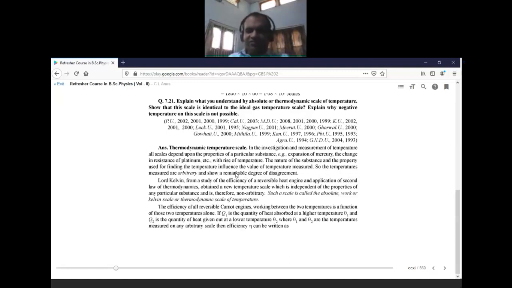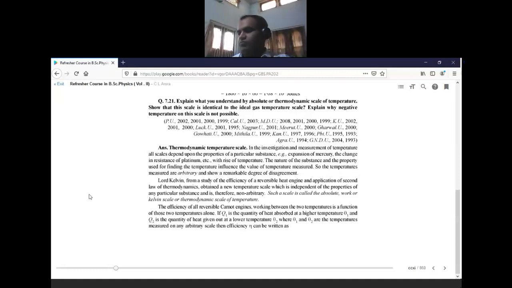There are certain physical phenomena that occur when the temperature changes, and they depend on the substance, like expansion of mercury. How much mercury will expand with respect to heat depends on the nature of mercury. Similarly, resistance change in platinum, as in the platinum resistance thermometer or PRT.